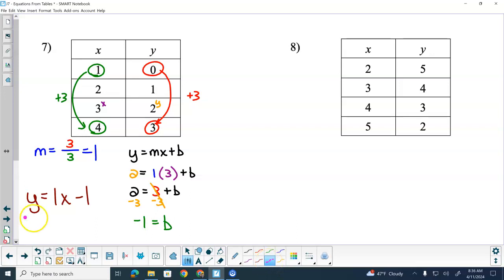Would I have to put this 1 in there? Or could I just write it as x minus 1? Is that legal? Yep, that's the same thing. That gives me the exact same thing, just putting the x there instead.